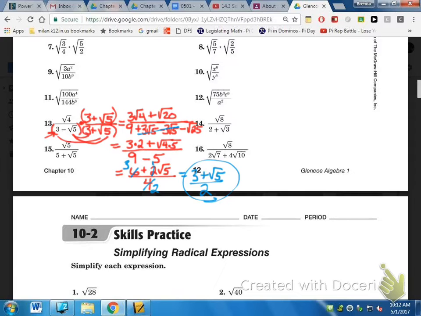Okay, I want to try another one of those. Number 14. So radical 8 over 2 plus radical 3. I multiply top and bottom by the conjugate, which would be 2 minus radical 3.